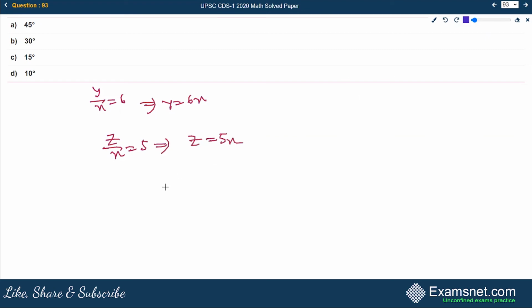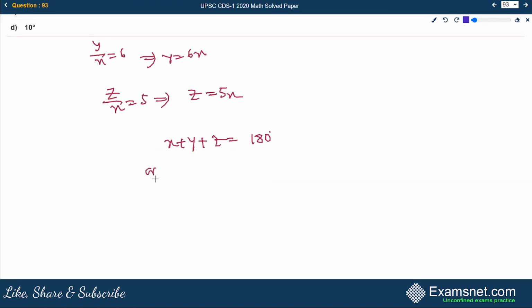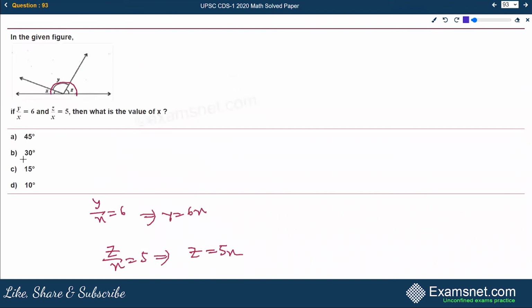So x plus y plus z equals 180 degree. They are linear pairs. If we add them, we will get a straight angle, that is 180 degree. Now replace y by 6x and z by 5x. So 12x equals 180 degree and x equals 15 degree. So yes, we got the value for x, that is 15 degree. Option C is the correct answer.